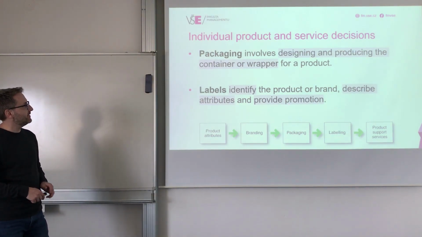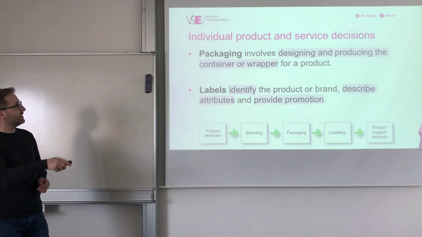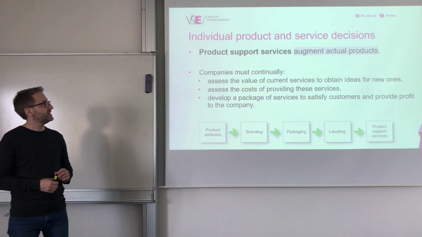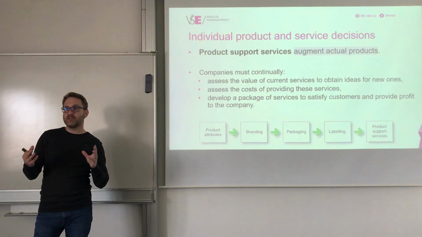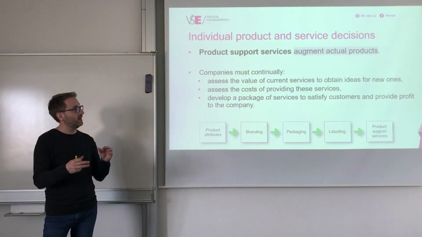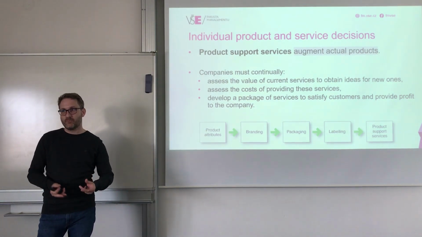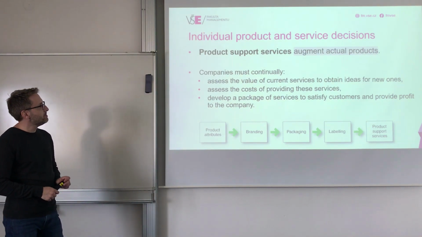And labels, they identify the product or brand, describe attributes, and provide promotion. And the last thing from this part of the presentation is about the product's support services, which could be considered as an augmented version of the product. This is the third layer of product, as we talked before.